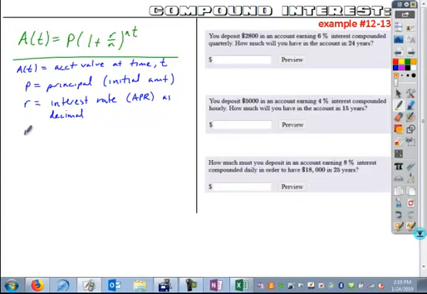The N value is the number of compoundings per year, and it's going to be one of the following. If it says annually, then the number of compoundings is 1.